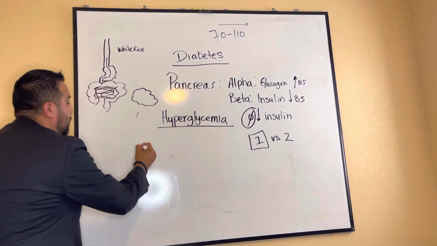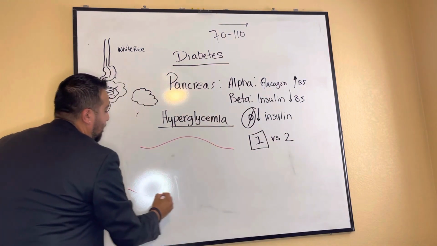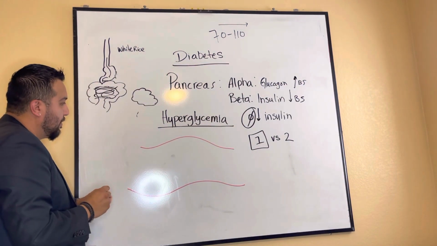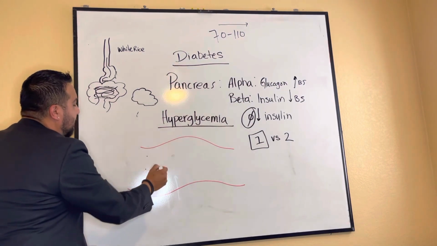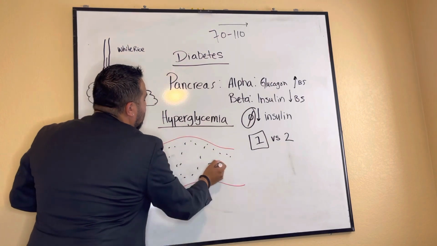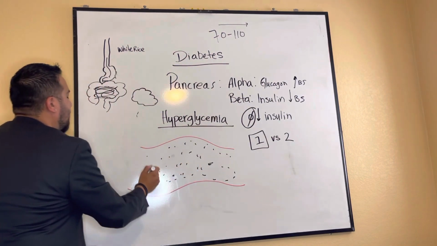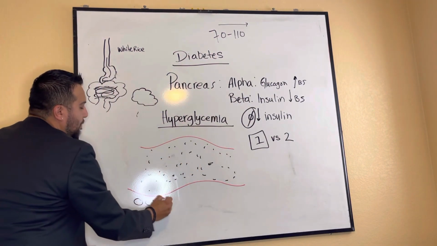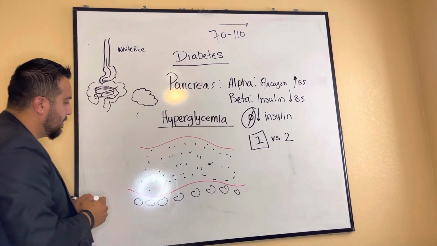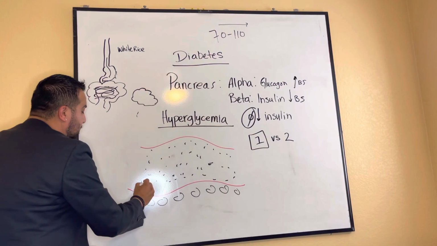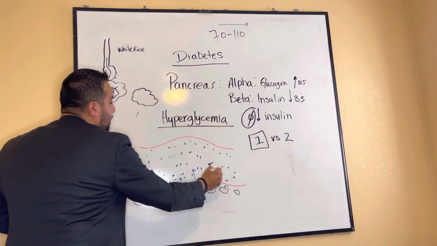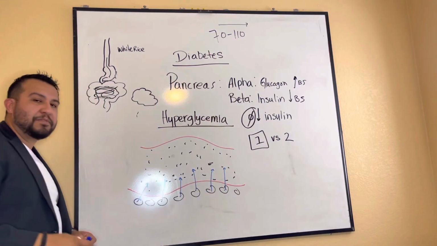But so we have our blood vessels. We have the same scenario. We have hyperglycemia. And the same situation is happening. These represent the cells. And same compensatory mechanisms. A body pulls water from the cells, right, to fix the issue.